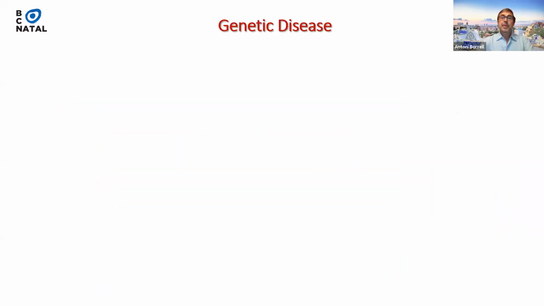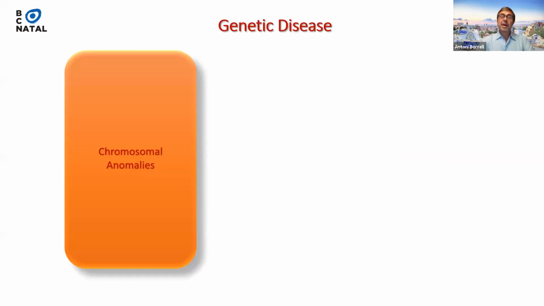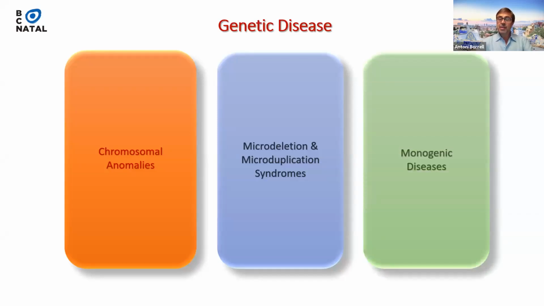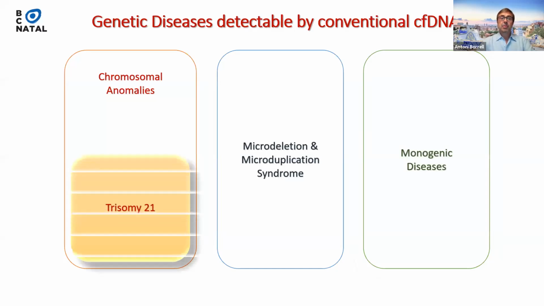that is still experimental. So to start with, I would like to remind you that genetic disease can be subdivided into three main types: chromosomal anomalies first, microdeletions and microduplications as the second type, and monogenic disease as the third type. Chromosomal anomalies are those large anomalies that can be seen in an optic microscope, when we see that there is a whole chromosome extra or a whole chromosome missing or a big part of it.